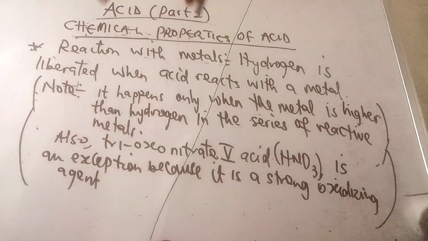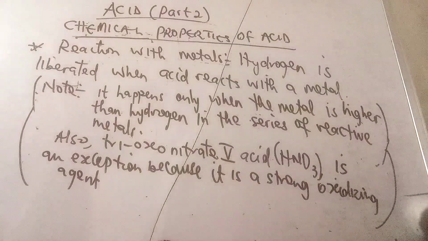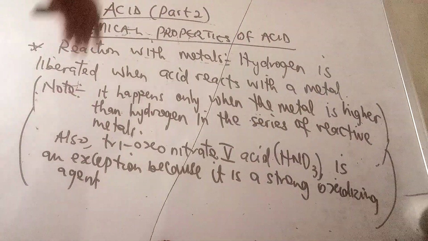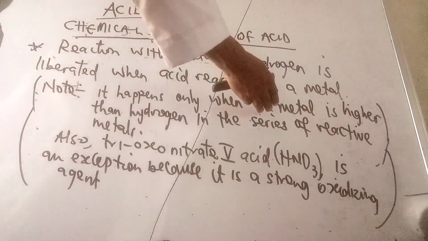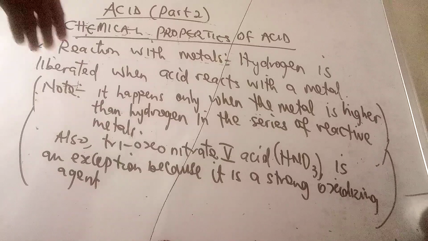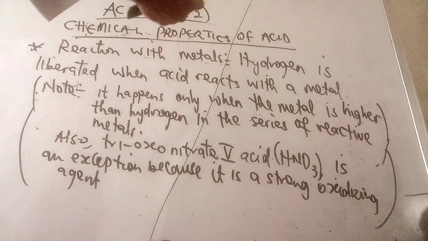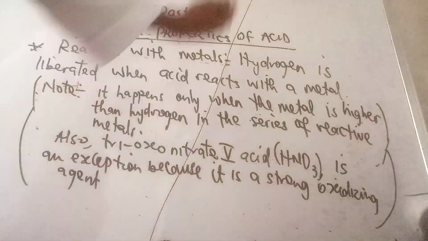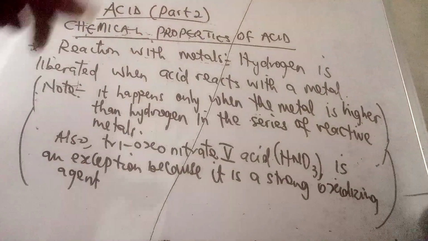It is not every metal that can liberate hydrogen from an acid, for one reason or the other. One of the reasons is that if the metal is below hydrogen in the series of reactive metals, that is, if the metal reacting with the acid is positioned below hydrogen in the series, hydrogen will not be liberated. Why?